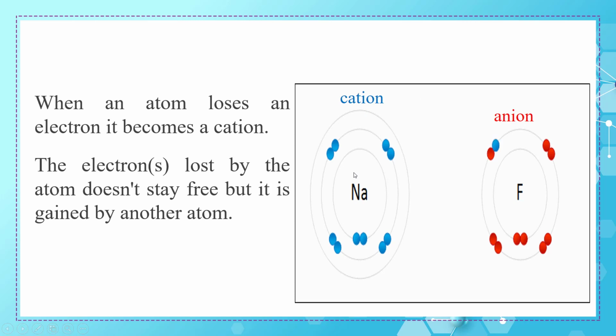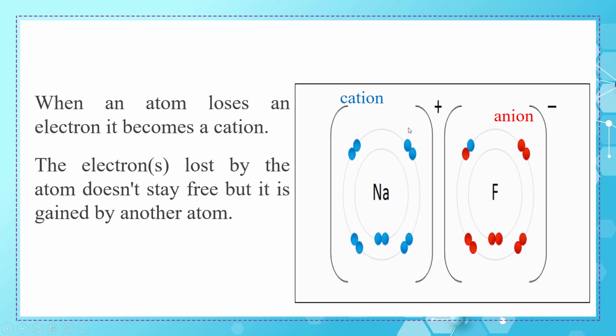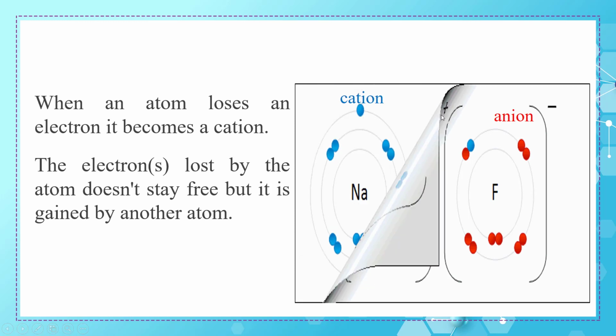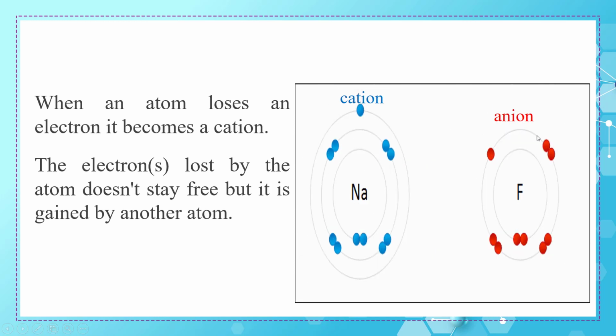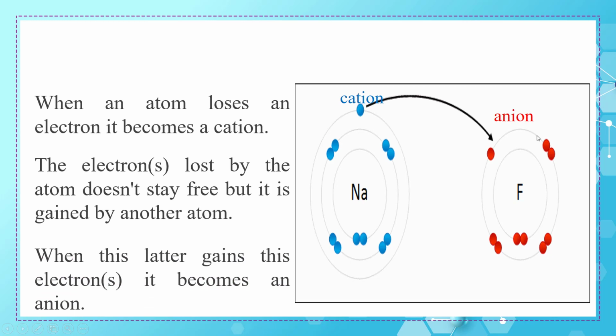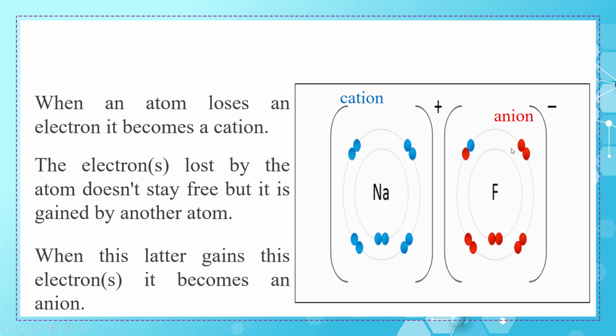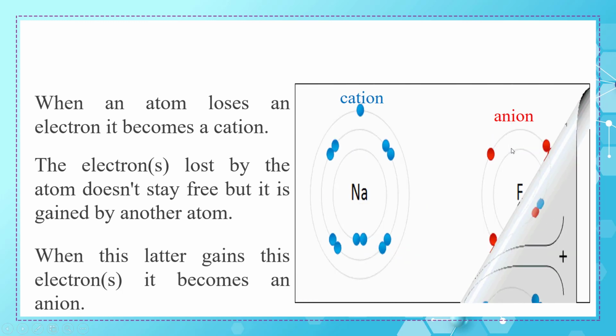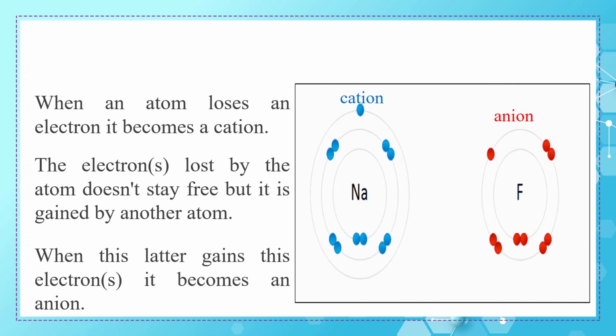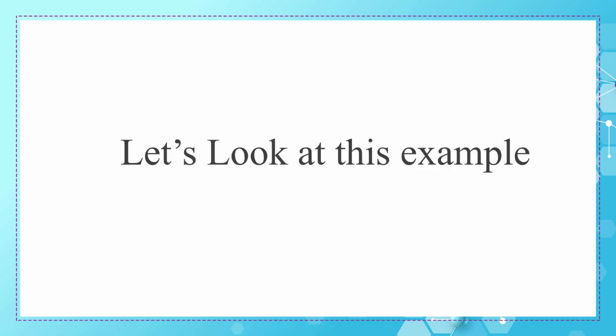So here I see that the Na atom loses an electron. This electron doesn't stay free, it moves to the fluorine atom. When the fluorine atom gains this electron, it becomes an anion because it has gained electrons.